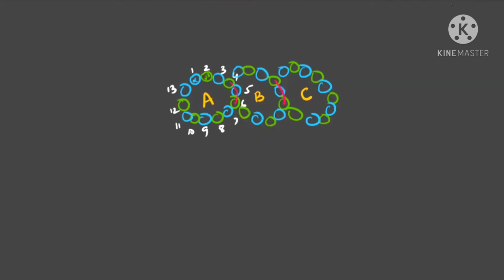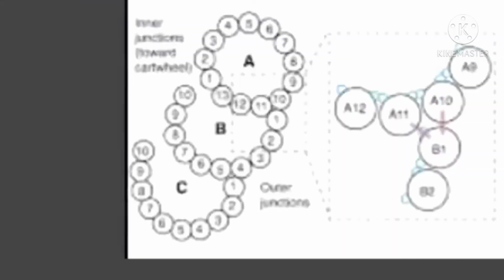Let me show you the diagram also. Beta, check this diagram carefully. This is A, okay, beta? In A, starting from 1, 2, 3, 4, a total of 13 protofilaments are coming. Clear? In B, they have used only 10 because 3 are going for sharing.